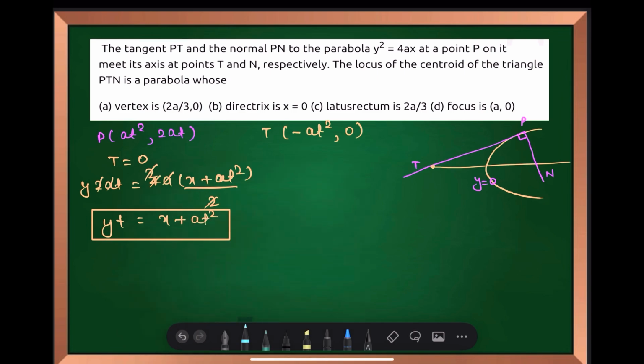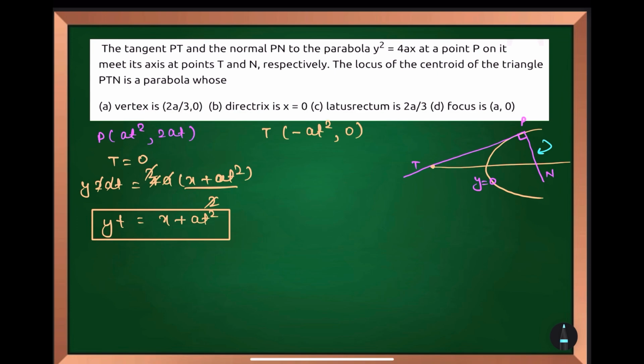So who is point N? Point N is the intersection of the normal with the axis of the parabola. So first we will find the normal. You know point P. If we can manage to find the slope of PN, we can find the equation of line PN.